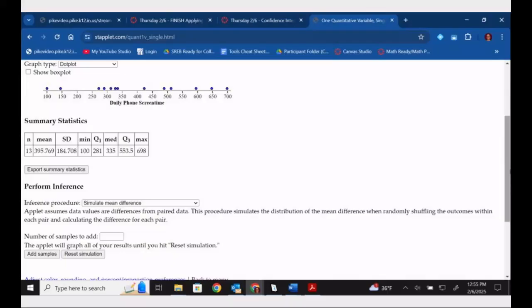And I'm going to have to ask you because when I go back to the paper, I won't be able to look at this. So our N is 13, mean is 395.769. And then it also wants us to find S. What does S mean? Sample standard deviation. So what would that be? 184.708. Write those three numbers down up at the top of your page.